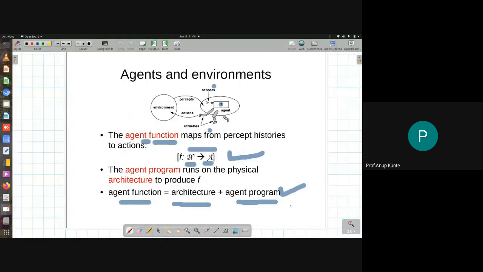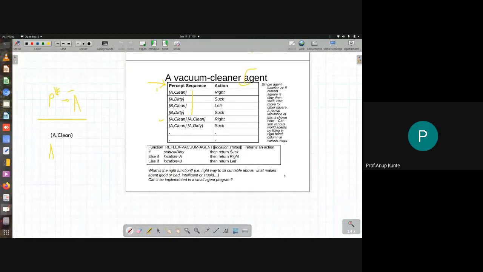At minimum I had to map P star to A, right? That was the thing that this function is going to do. So this is the simplest way of organizing all percept sequences in a table and then defining a corresponding action to do for that kind of percept sequence.